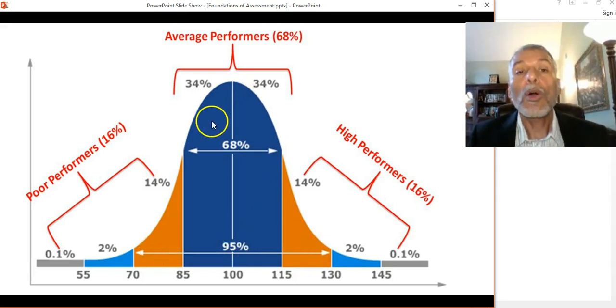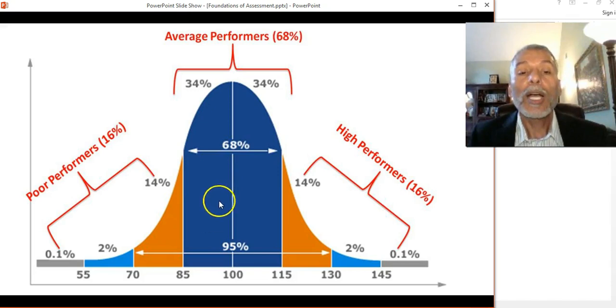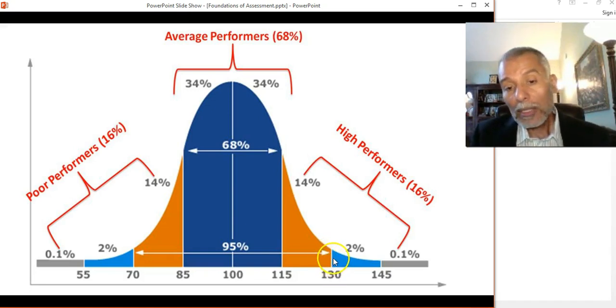So out of your 1,000 cases that you gave any particular test to, you should have 95%, 950, performing between a score of 70 and a score of 130. Then you go one more standard deviation to the right.